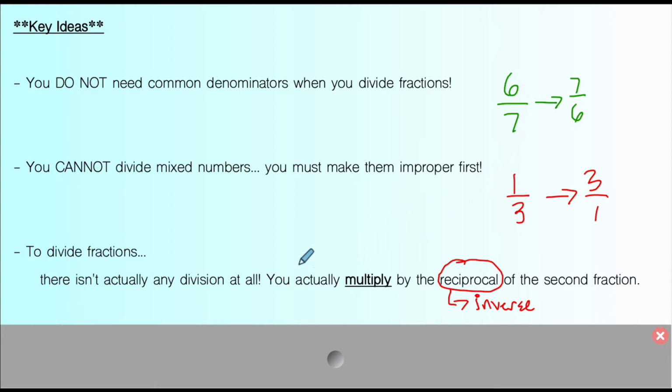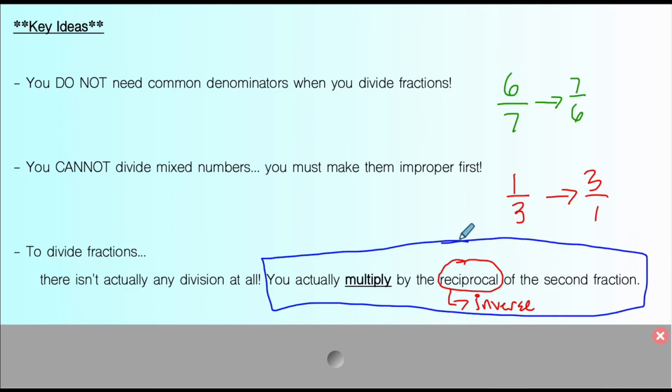So to divide fractions, the key is in this statement right here. Instead of doing any division, you're going to multiply. So it's going to be yesterday's lesson. And you multiply by the inverse or the reciprocal, it's a fancy word, of the second fraction in the division problem.